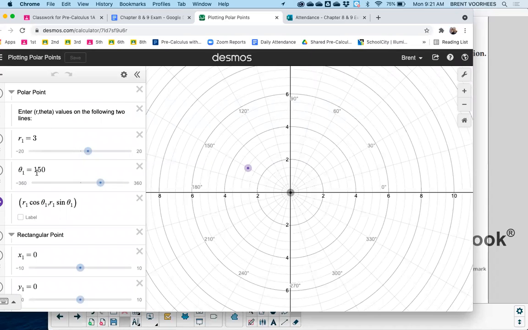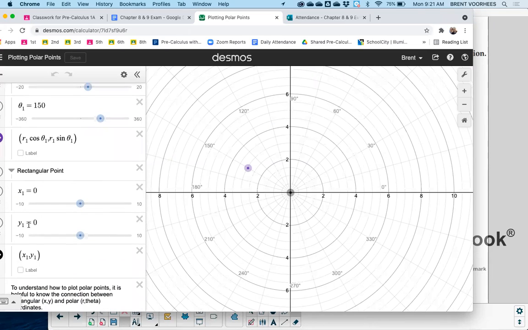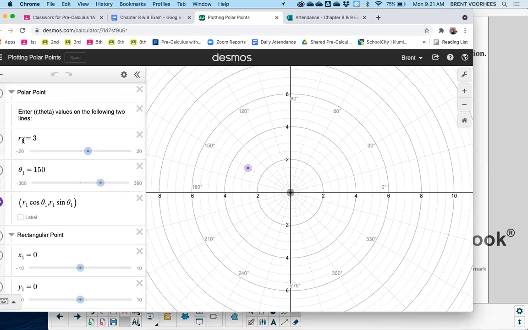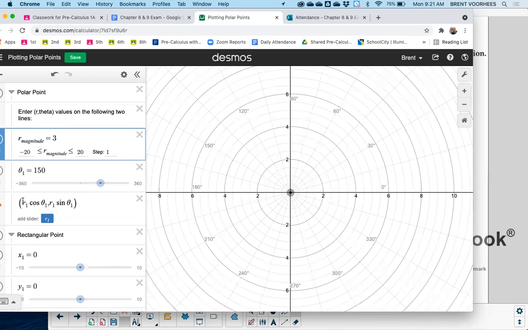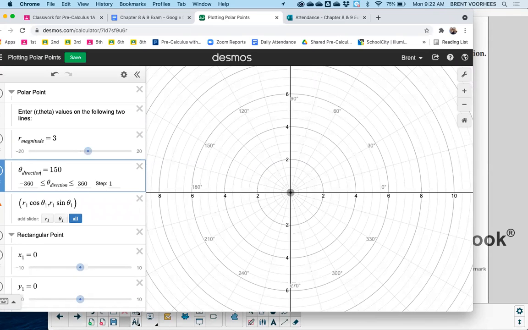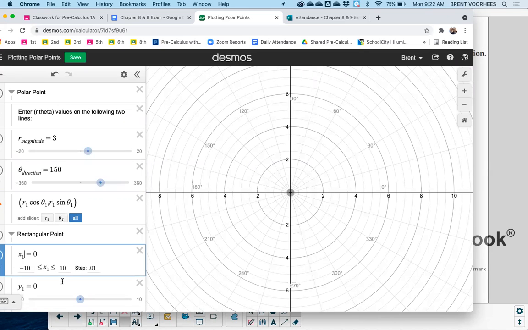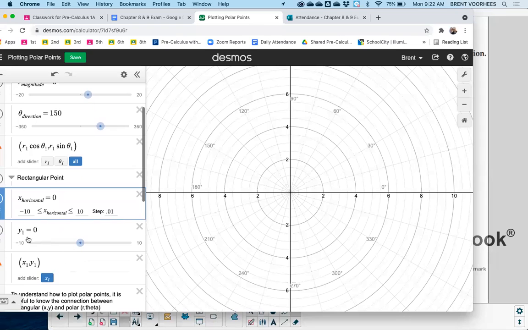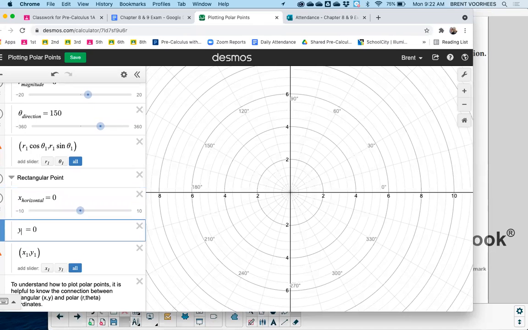What we've been talking a lot about is polar, in terms of magnitude and direction. And then we've had rectangular, horizontal and vertical. I'm going to add that so we know what's what. The R is considered magnitude. The theta is considered direction. And over here, I'm going to do the same thing. X we call the horizontal component, and Y we call the vertical component.